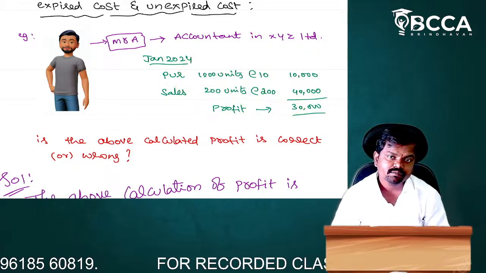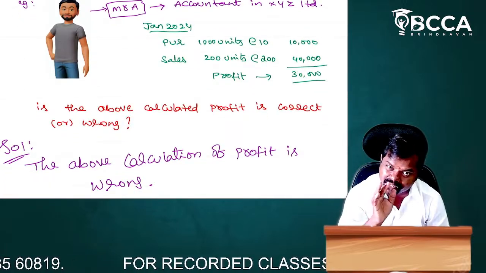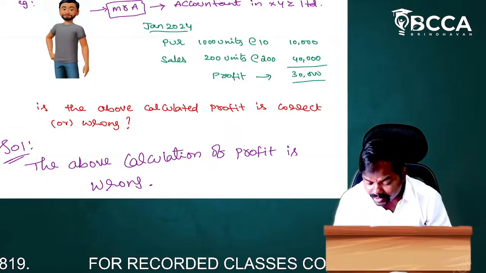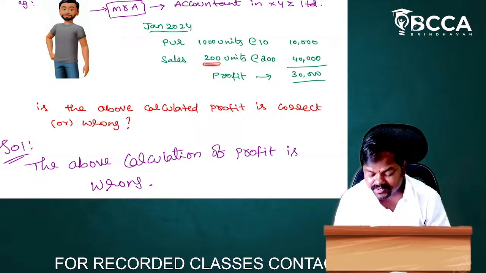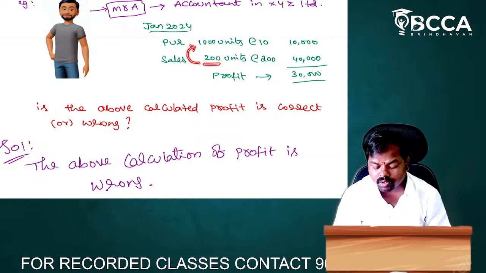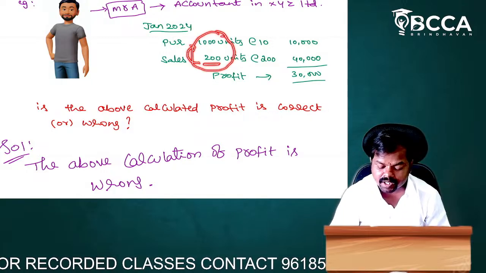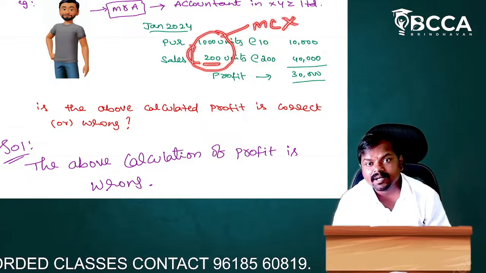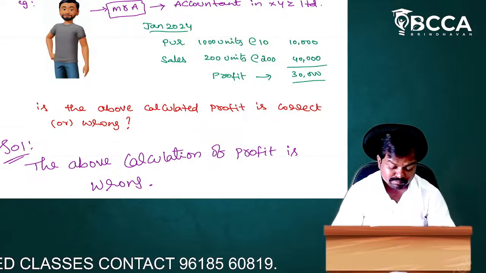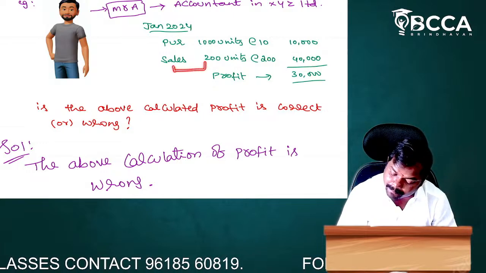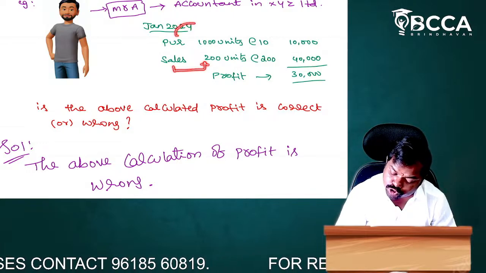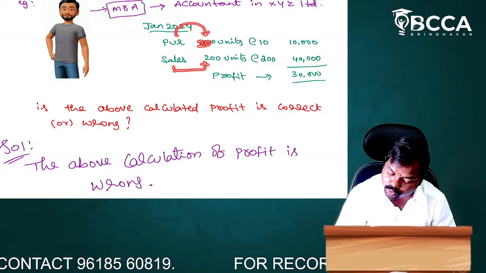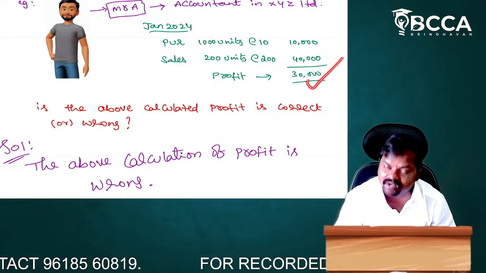Why, sir? Sir, please observe. Income you show for 200 units. Cost you show for 1,000 units. Here, the matching concept principle is violated, that is, not satisfied. If you show income for 200 units, you should show purchase cost also for 200 units only. Then only profit is correct.